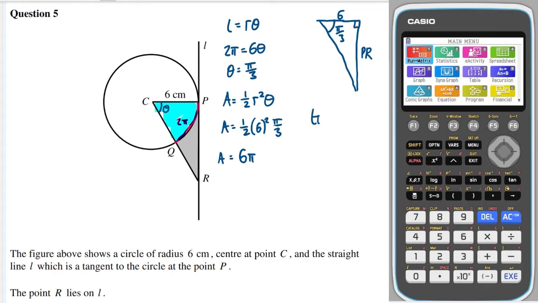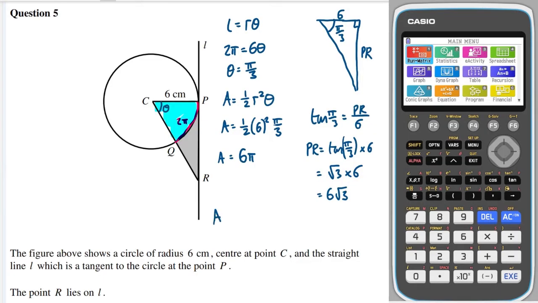So we know that tan of pi over 3 is equal to the opposite PR over the adjacent 6. So PR is equal to tan of pi over 3 multiplied by 6. And tan of pi over 3 is root 3. So root 3 times 6 is just 6 root 3.